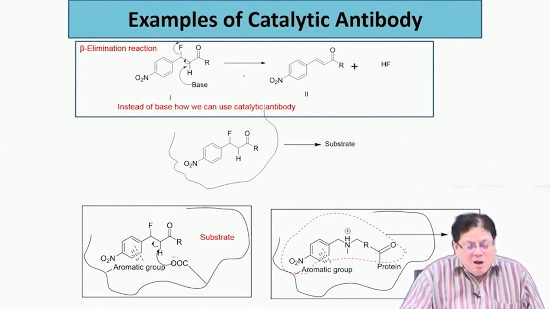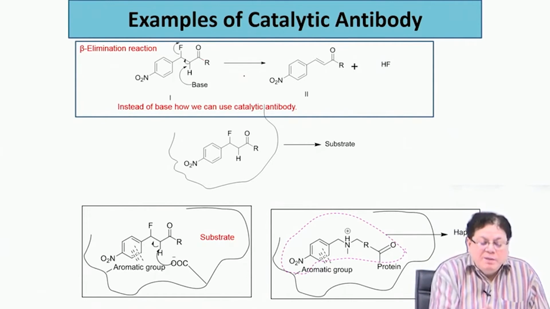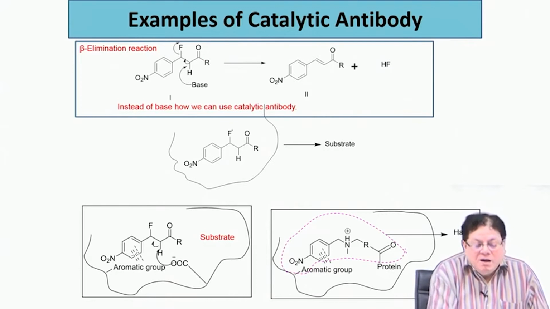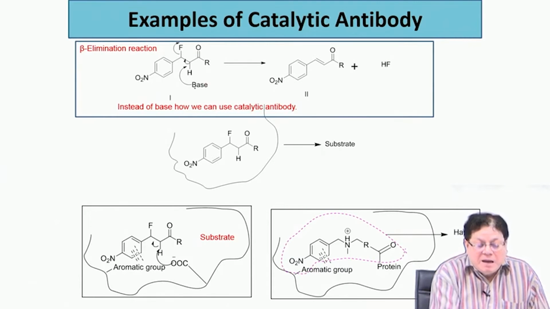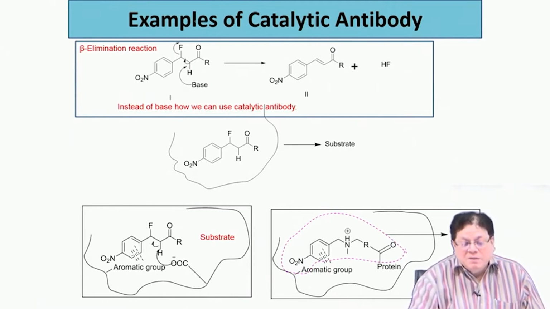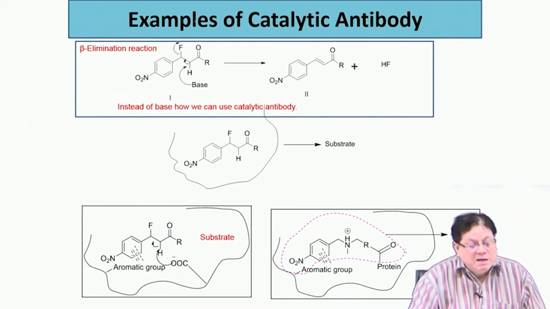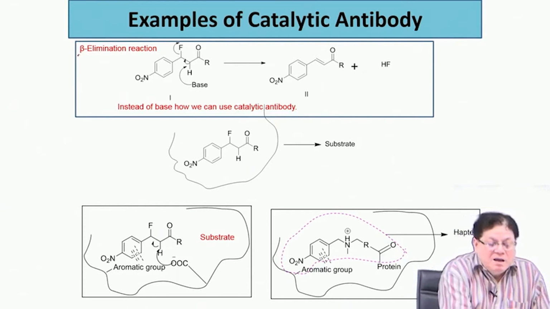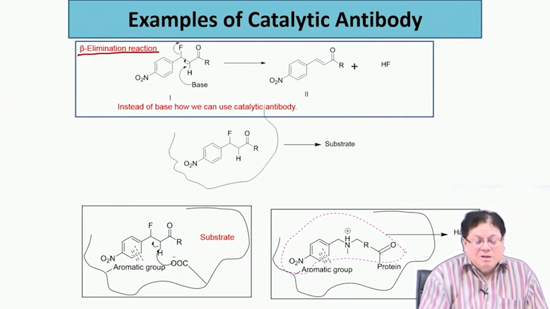We know that if I want to make a double bond here, I will definitely add a base, and the mechanism is that the base abstracts the hydrogen, the CH bond pair goes here, and the fluoride leaves. That is the simple mechanism. So, it is a beta elimination reaction.